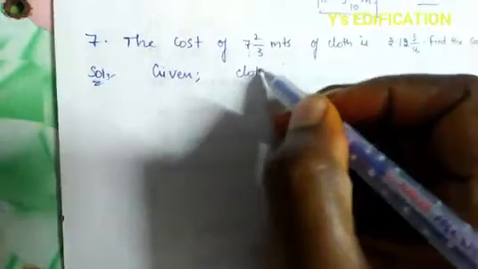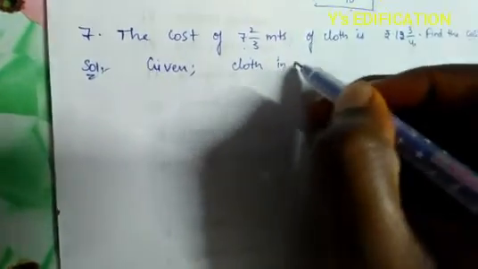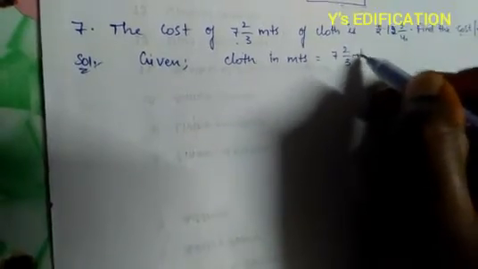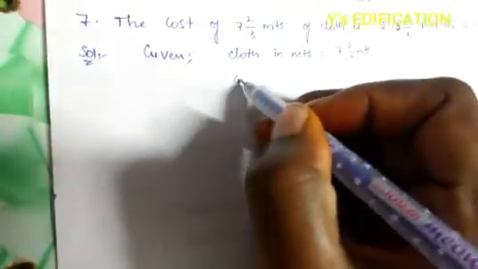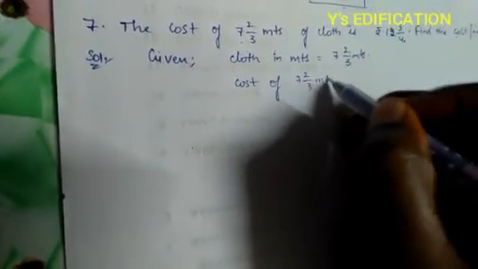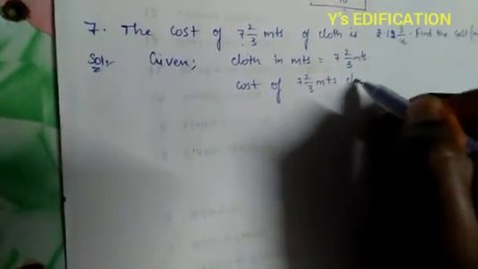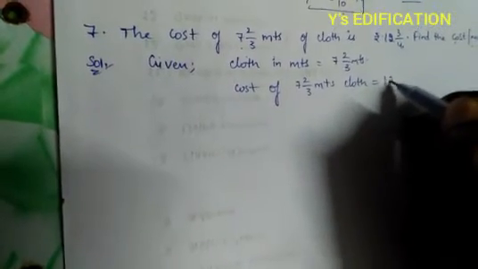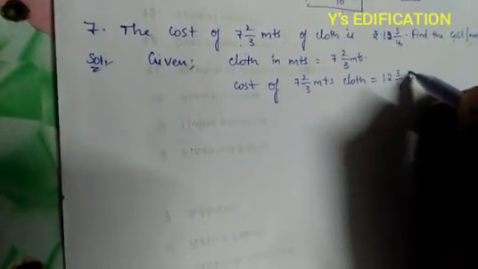So what is given here? Cloth in meters is equal to 7 2 by 3. Cost of 7 2 by 3 meters of cloth is equal to 12 3 by 4 rupees.